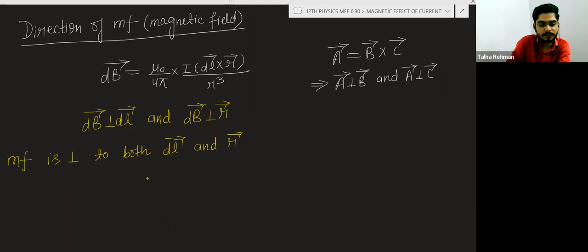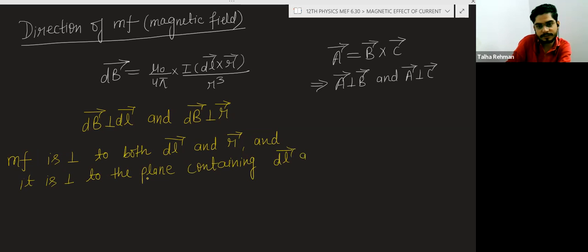Okay, and you can also say that it is perpendicular to the plane containing dl vector and r vector.